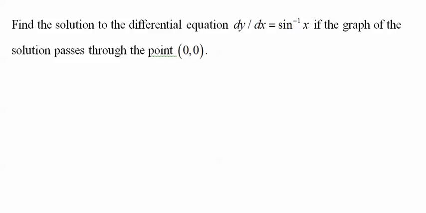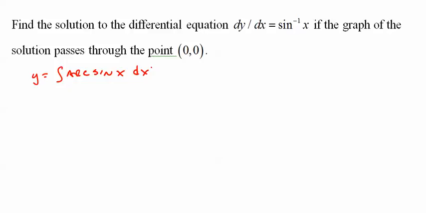We've got arcsine, and the problem is to find the integral of arcsine x, and we have to deal with the domain. We'll deal with that later. You know what? I always write it as arcsine. I don't like writing sine to the negative first for obvious reasons.